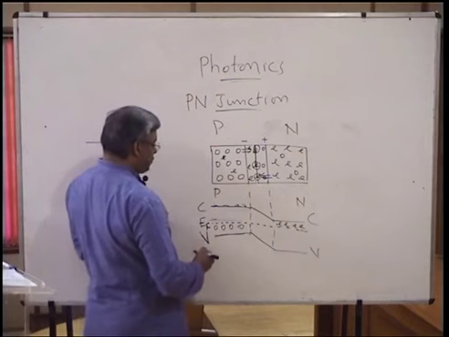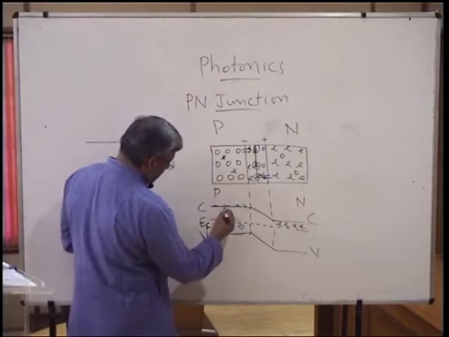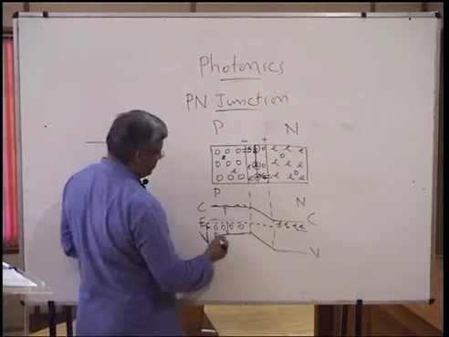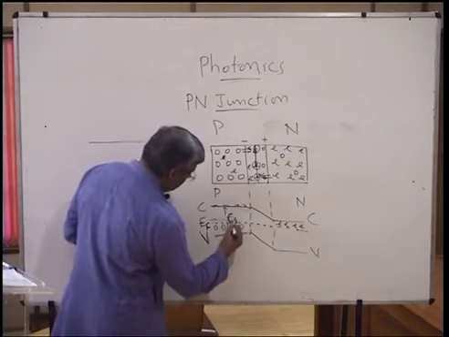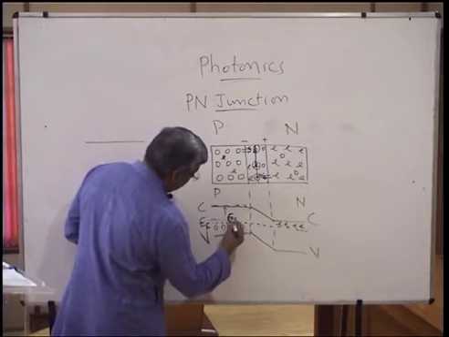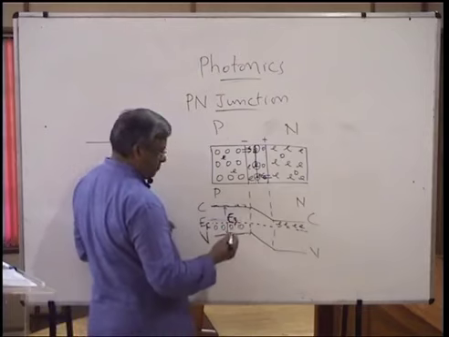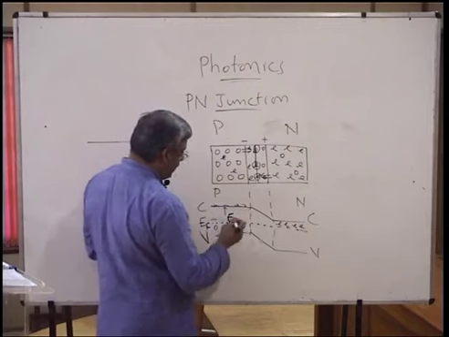There's yet another thing you should remember. That is the gap between the conduction band and valence band. This is what is called the energy gap. And this is the delta E which we have to consider for the absorption and emission of light.